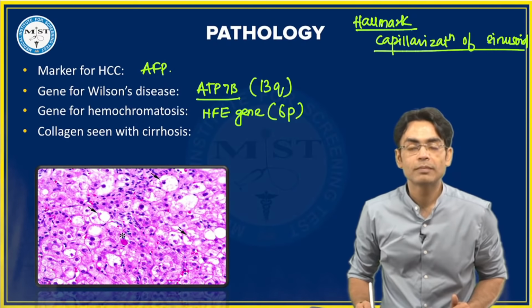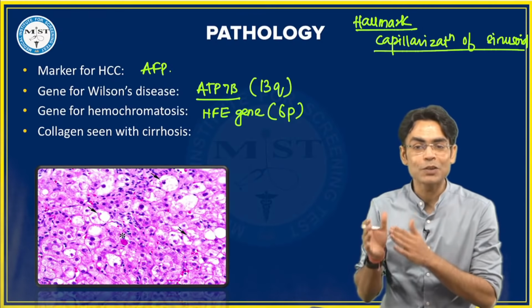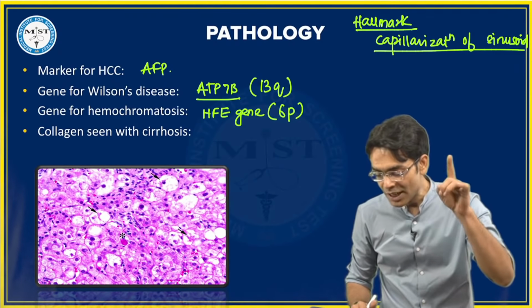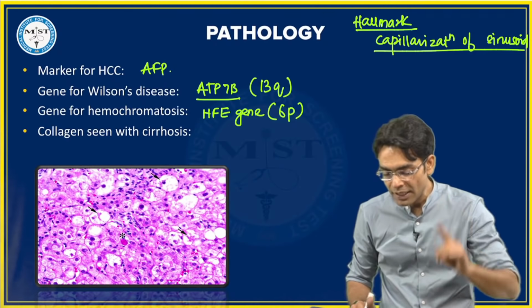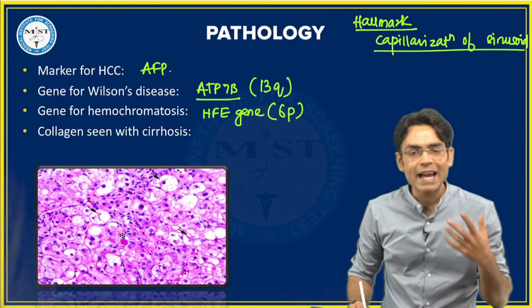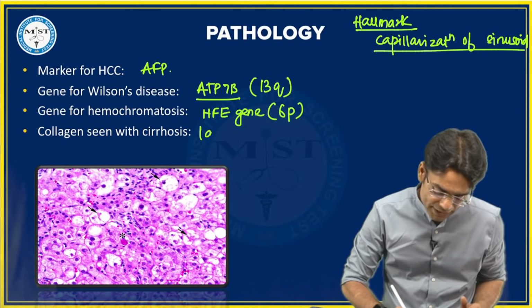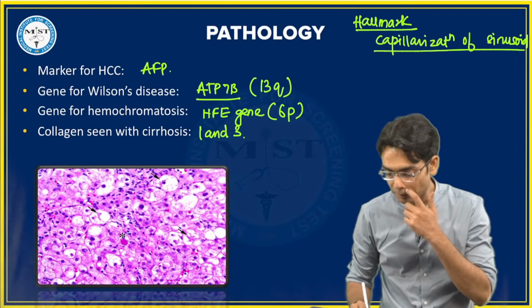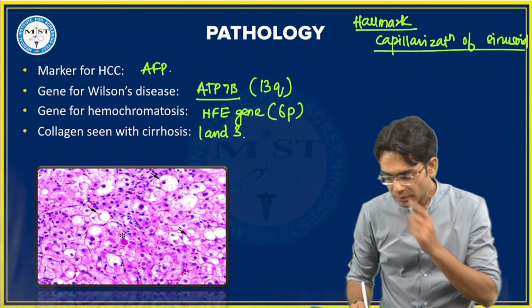The sinusoids become capillaries. So, what is the type of collagen you will get? Yes, so 1 and 3. The collagen seen with cirrhosis is going to be 1 and 3 collagens. Very good.